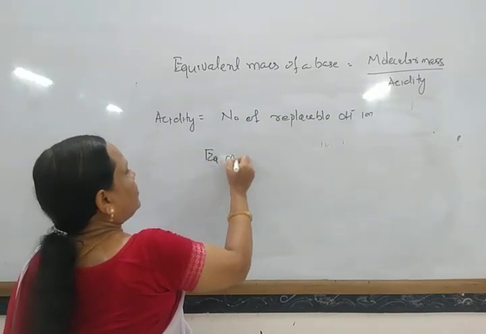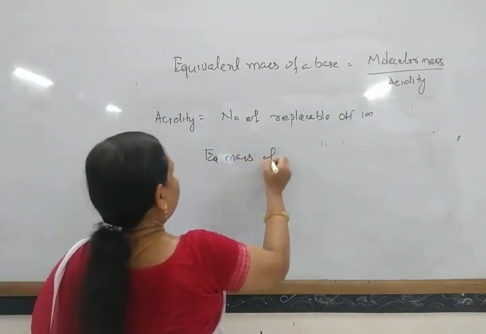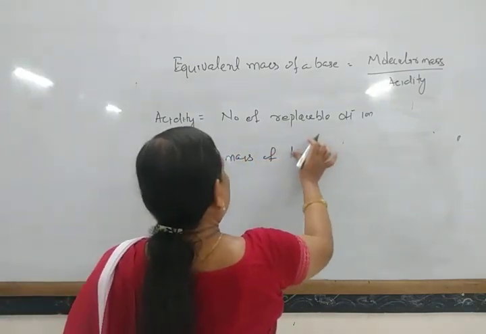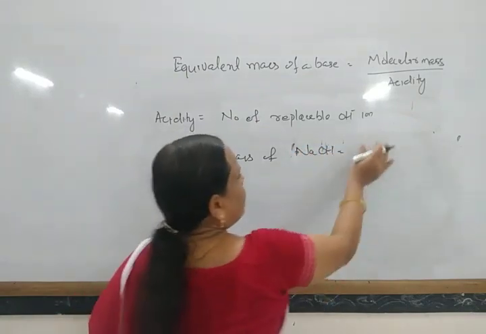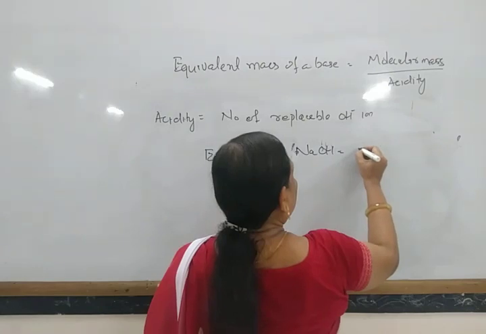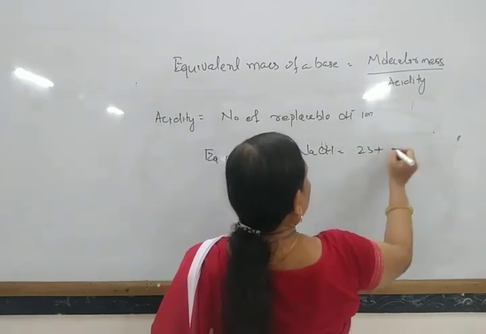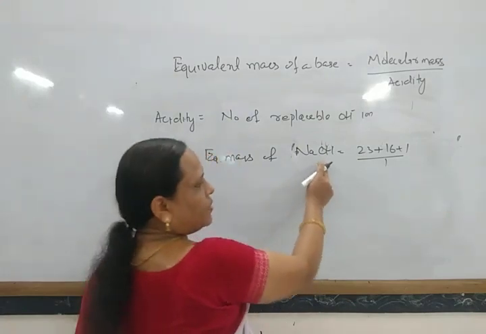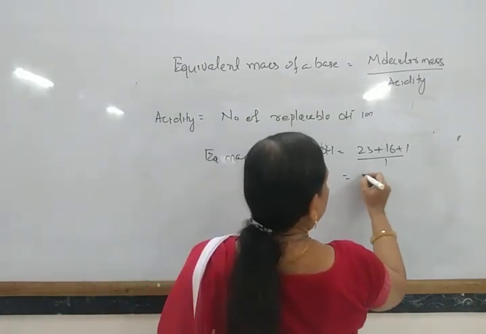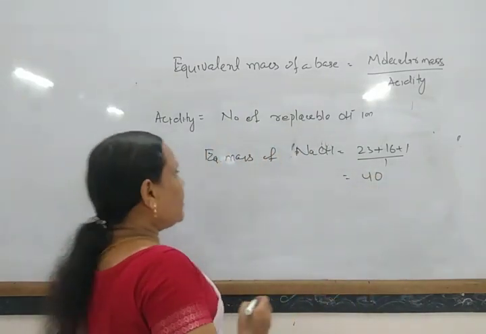The equivalent mass of sodium hydroxide, NaOH, is equal to 23 plus 16 plus 1 by 1, because 1 OH. Hence its equivalent mass is 40.